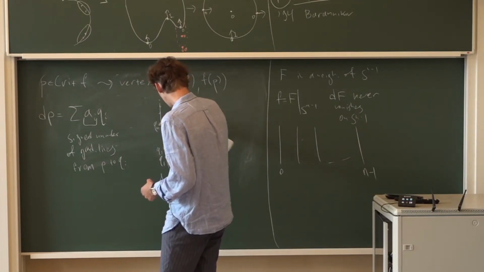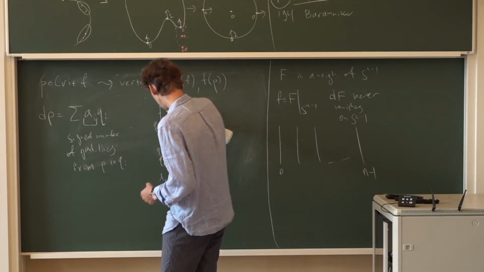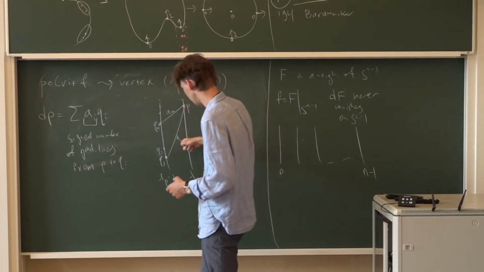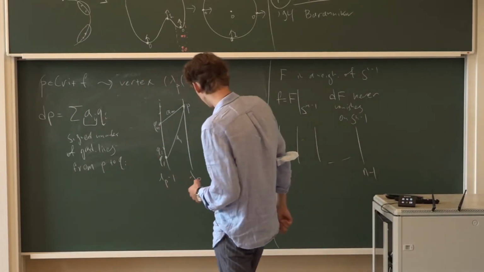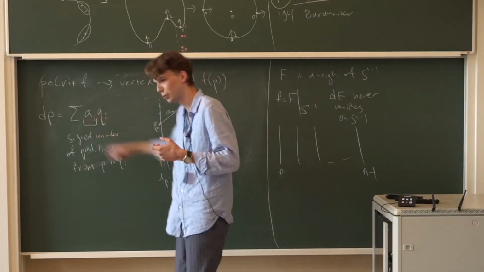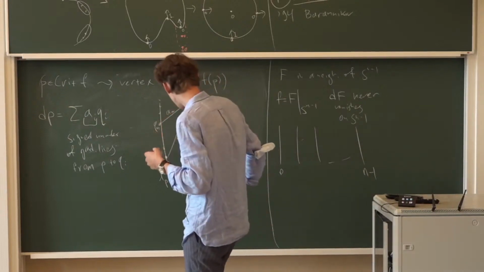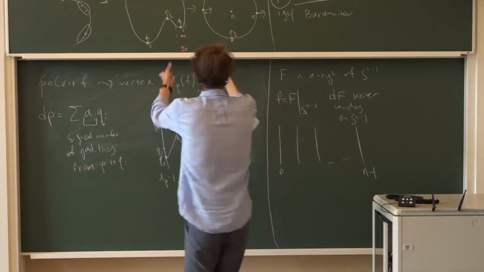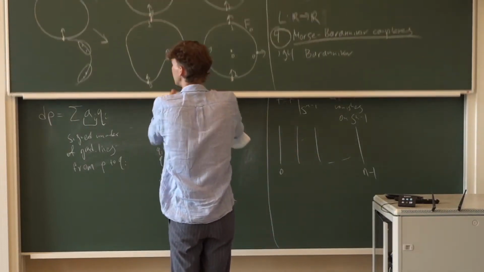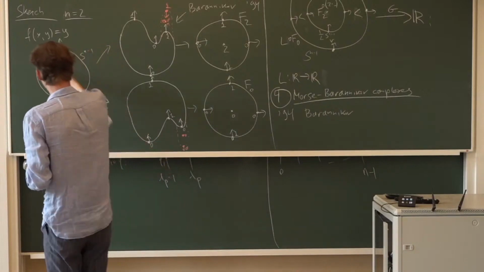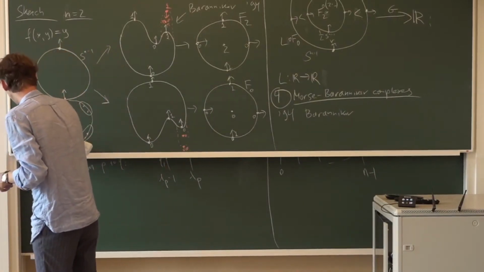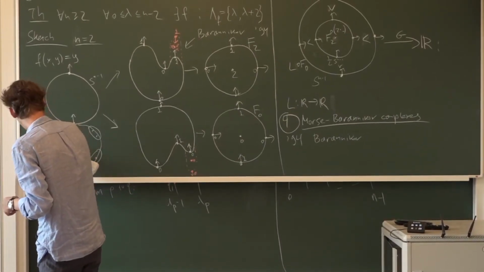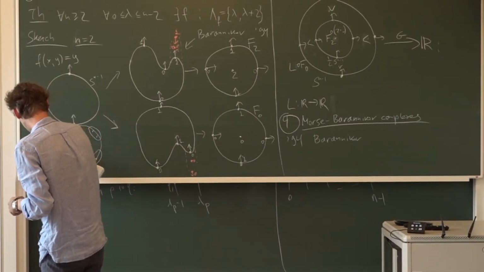This is point P, so you draw edges with labels equal to the coefficient at the corresponding critical point. Of course, if the coefficient is 0, we don't draw any edge, and we don't write a number if it's equal to 1, and so on. So let me illustrate it on this picture. Here, only two critical points. One is the minimum, one is the maximum. And so it's like this.